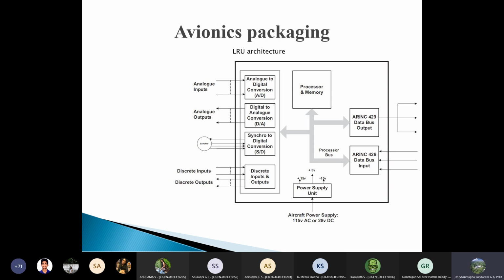So your aircraft power plants principally will be generating signals at a higher level, and this will be down converted using DC to DC converters or converters that convert alternating to direct current in the standard of 0 to 5 volts and plus minus 15 volts. Okay, and these are used by the various microelectronic devices.